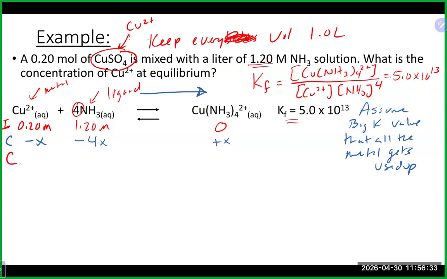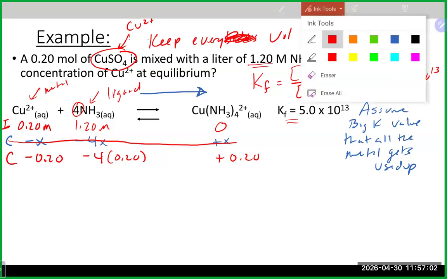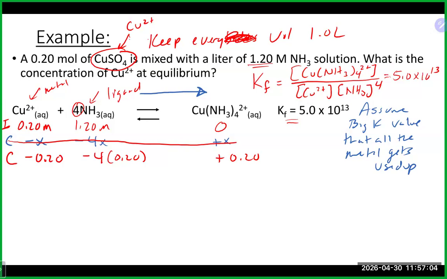So our actual change part here would be minus 0.2, minus 4 times 0.2, and plus 0.2. So again, it's the same idea as how we would have done it with our X's. But since we really know what the X value is going to be in this case, we use the number. We still have to obviously take the coefficient into account and all that like normal. So that's going to get us down here to our equilibrium line.